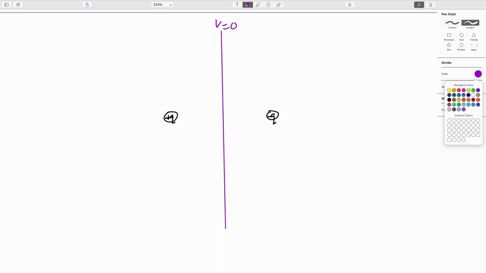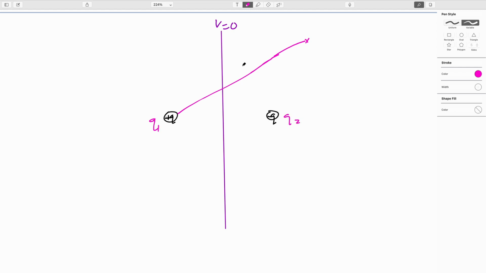This is because at any point in space, let's say we're interested in the voltage at this location in space right here. Let's say this is Q1, this is Q2, so this distance here would be R1.